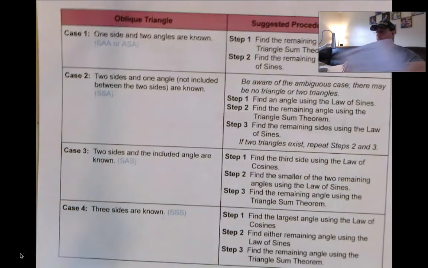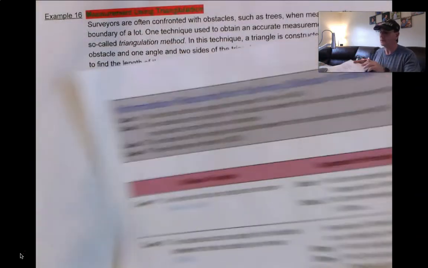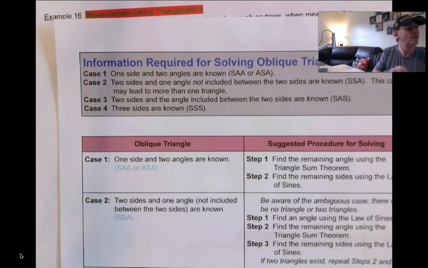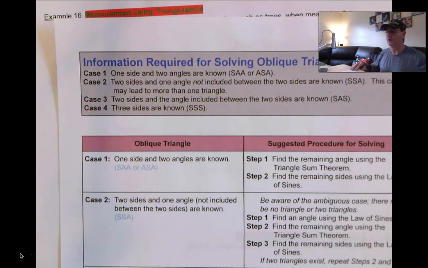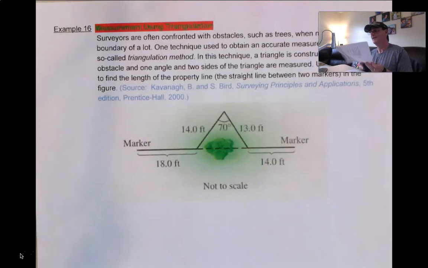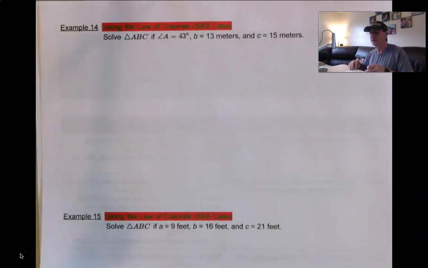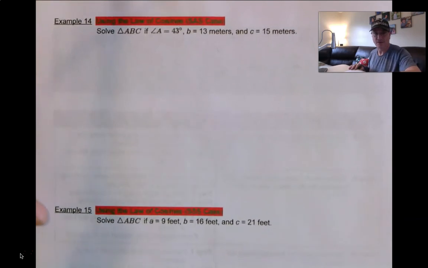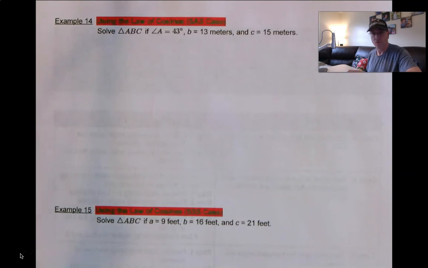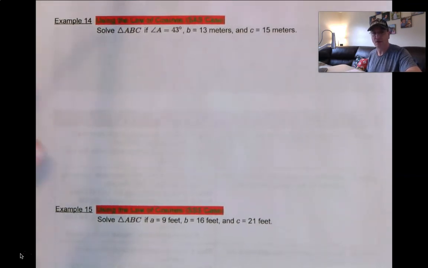That was example 10. Here we have our chart. Those are the examples of the ambiguous case of the law of sines. You can go through them if you want, but you do not need to know them.